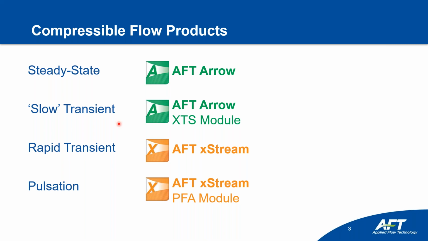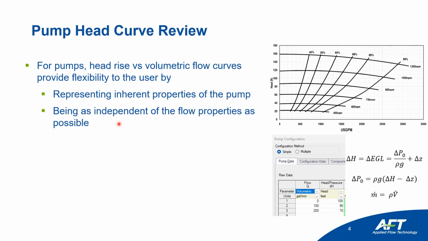On top of that, if you want to model a reciprocating compressor and see how that reciprocating compressor's steady pulsation affects your system, see how it interacts with the natural frequencies of your system, and if it's causing pressure versus frequency responses that exceed API 618's limits, then you would want to use Extreme's PFA module. So that's a quick overview of our products. Let's get into the review.